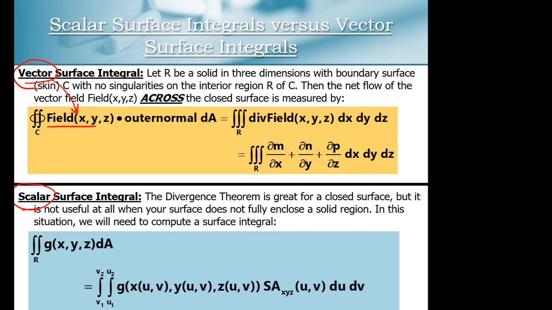Now, you are going to take that vector field, and when you take the dot product with your normal vectors, you do end up getting a scalar quantity there. But it's a vector surface integral in the sense that the formula involves a vector field. Today's a little bit different. Everything was scalar, right?